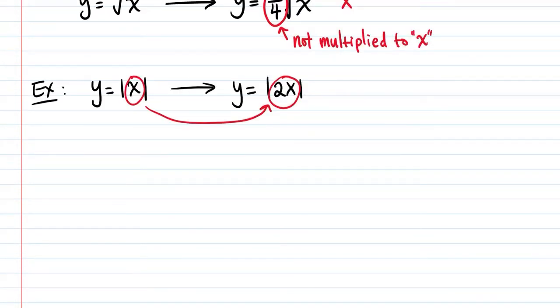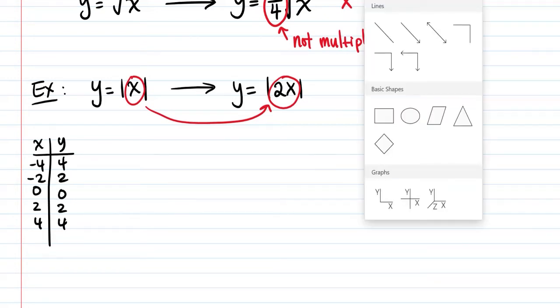Let's start with the table of values. x, y. Let's start with -4, -2, 0, 2, 4. If you take the absolute value of the x values, y will be just 4, 2, 0, 2, and 4.